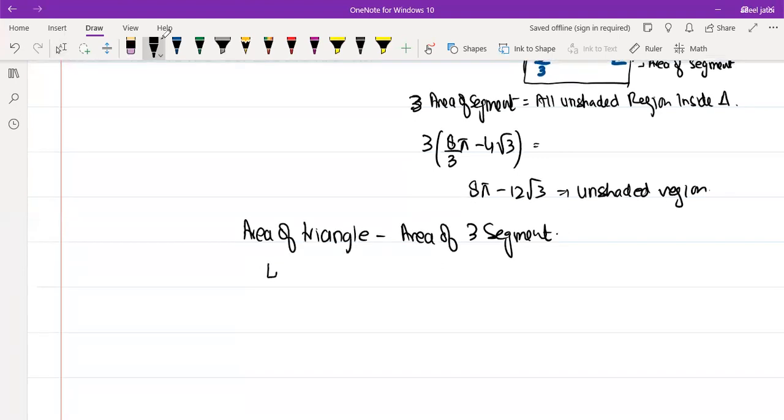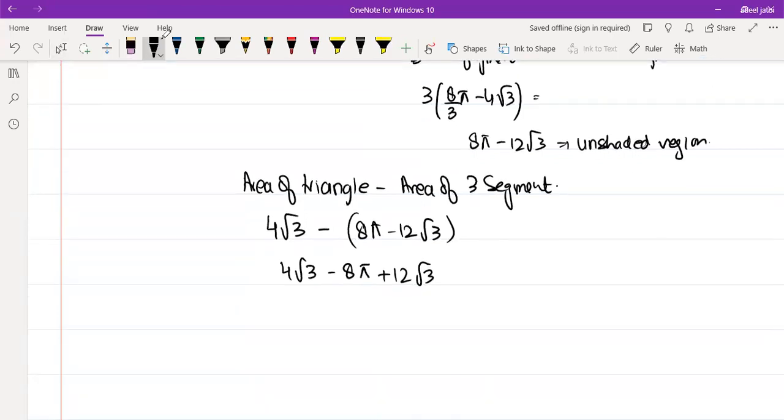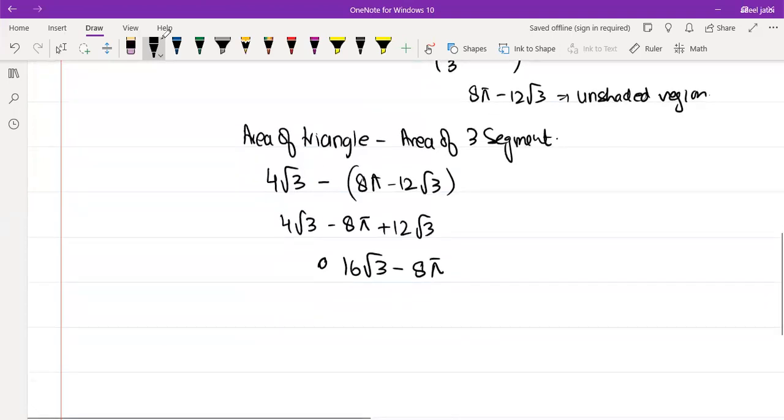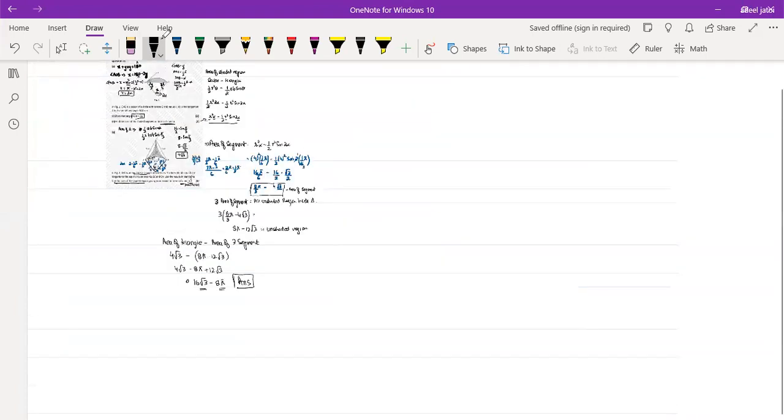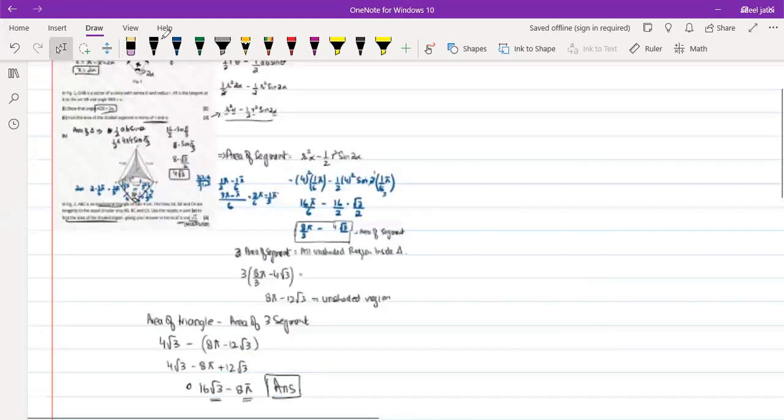So the area of the triangle was 4 under root 3 minus, in brackets, 8 pi minus 12 under root 3. So 4 under root 3 minus 8 pi plus 12 under root 3. So this should be 16 under root 3 minus 8 pi. The answer is in terms of under root 3 and pi. This is the answer for the shaded part only.